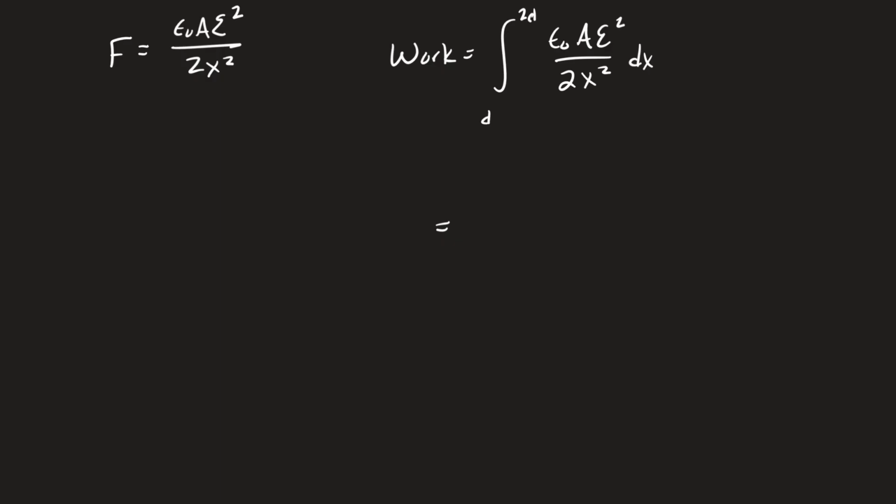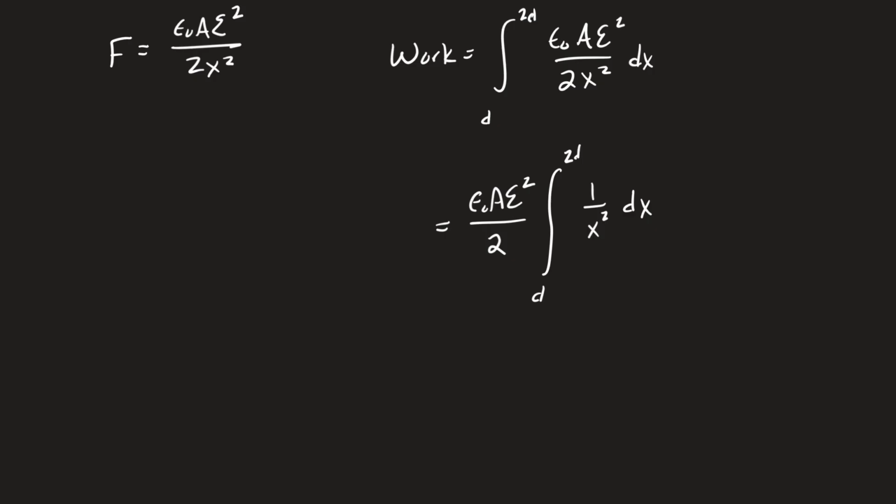Well, all of this stuff is constants, so I pulled all of those out. And we're integrating from D to 2D, 1 over x squared dx. And now this is x to the negative 2 power.